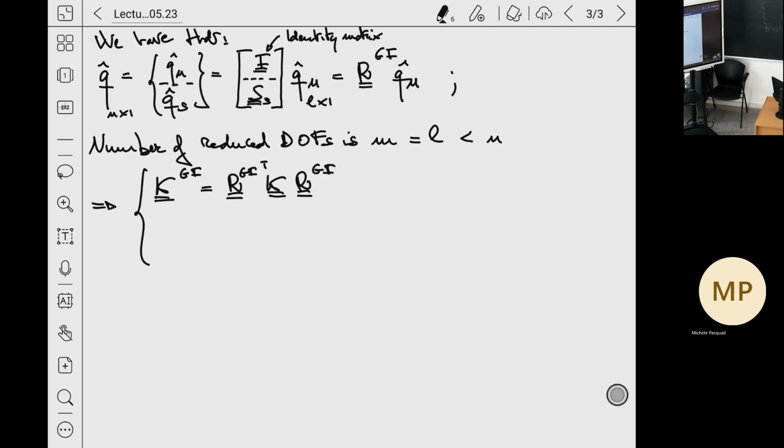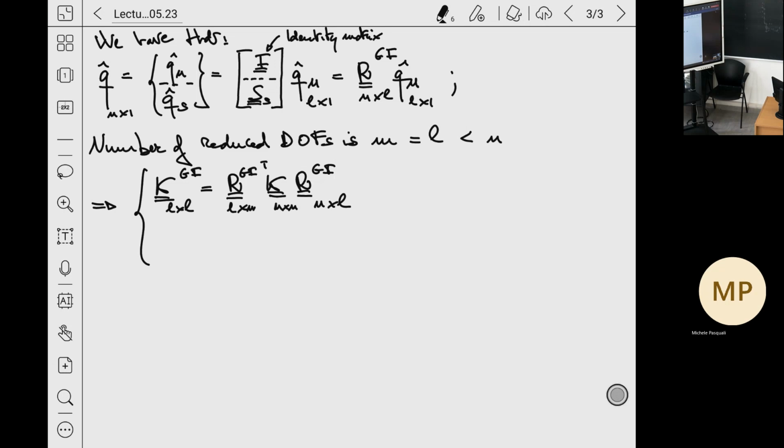Okay, and in fact, you can see this is an N times L matrix, no? So in fact, here you have an L times L. N, sorry, this is an N times N, and this is an N times L. Okay, so we are reducing.